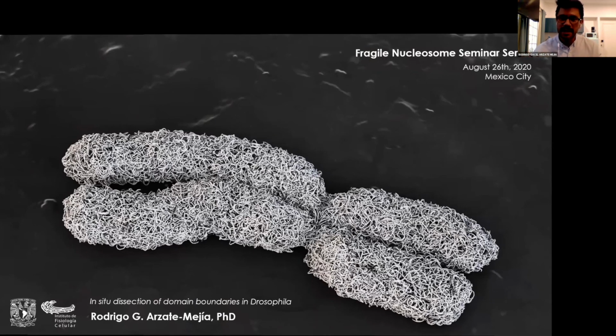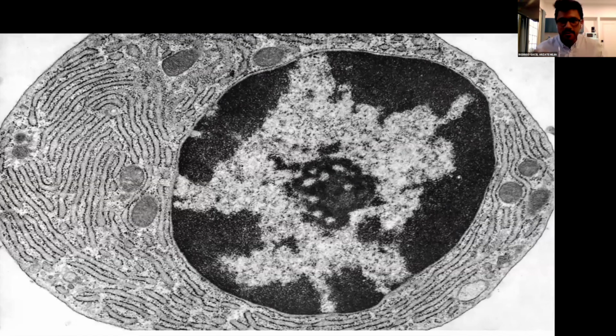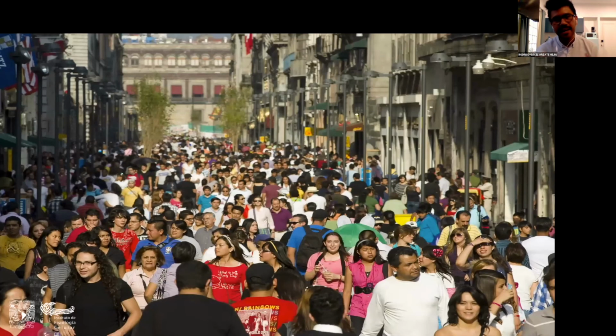So this story takes place in the nuclei, and as I'm sure all the stories in the seminars take place also in this super happy place, where a lot of different things take place as we are speaking. And I always think about the nuclei as a very crowded space, similar to what we used to observe in the downtown of Mexico City, with a lot of communication and interactions taking place, like craziness.